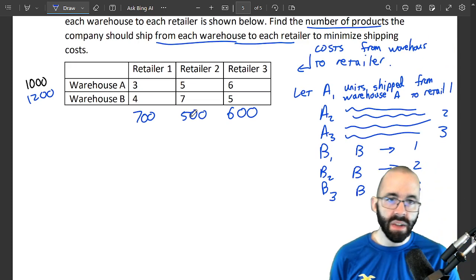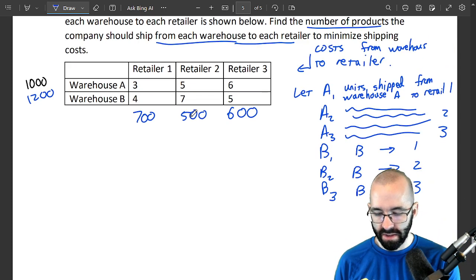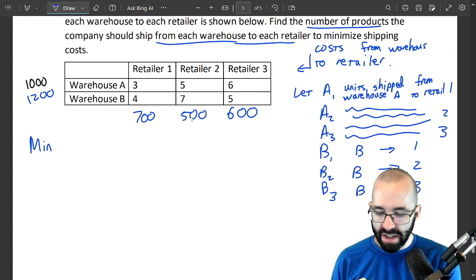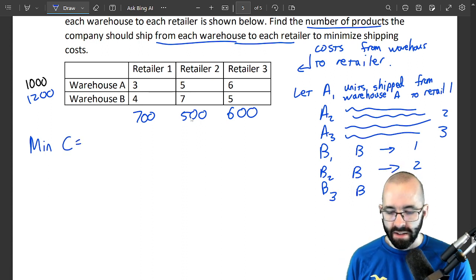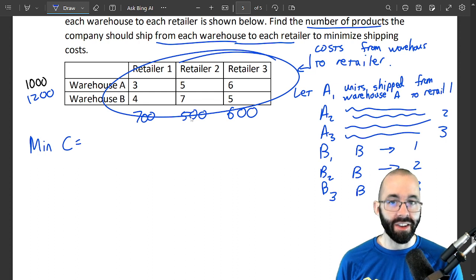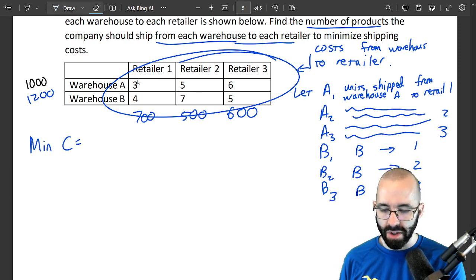Okay. We want to minimize the costs. What are the costs? Well, these are the costs. These 6 numbers are the cost. It's 3, we don't know what the cost is. Maybe it's $3 per unit.